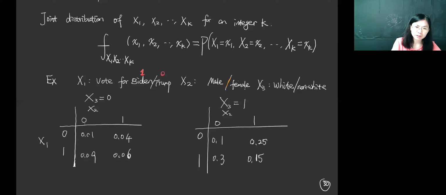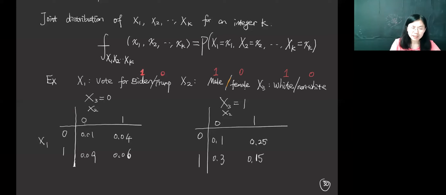And x2 is the gender variable that equals 1 if the person is male, and 0 if the person under consideration is female. And x3 is a race variable that takes the value 1 if the person is white and 0 if the person is non-white.